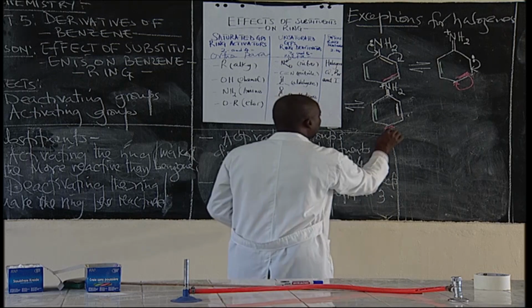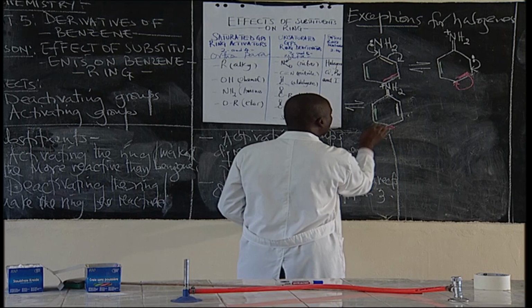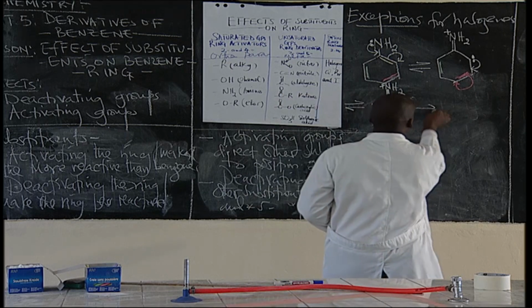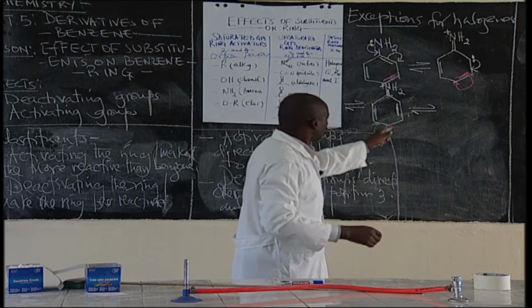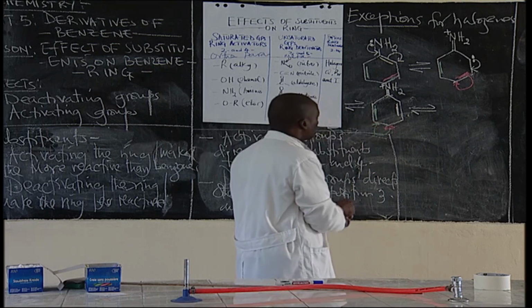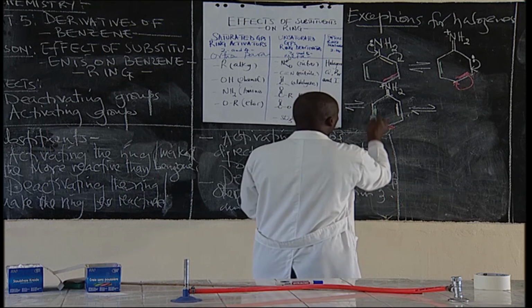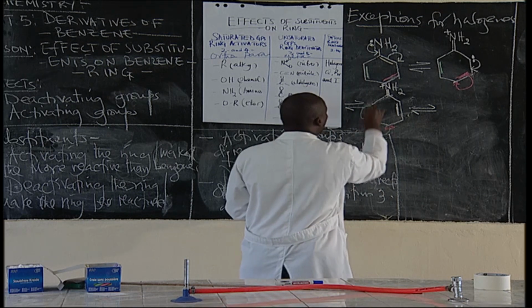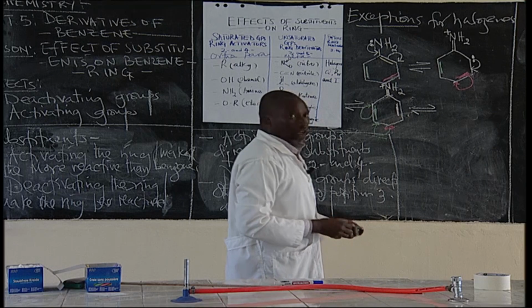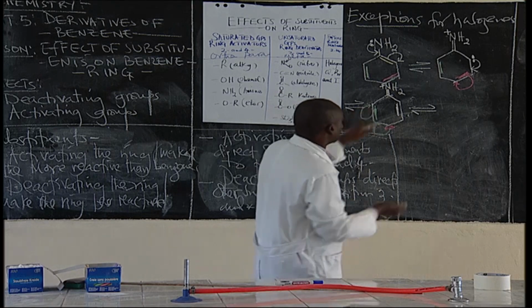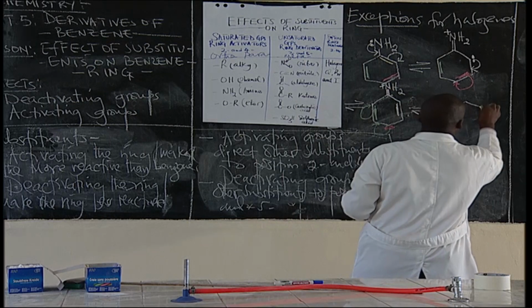So when they enter into the ring, this is what happens. So these electrons are entering here. So this one has to break away again and form lone electrons on this carbon atom. So this will come to this compound.